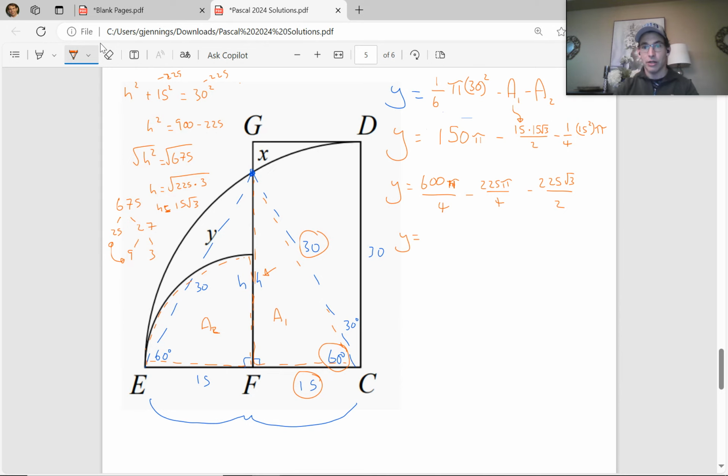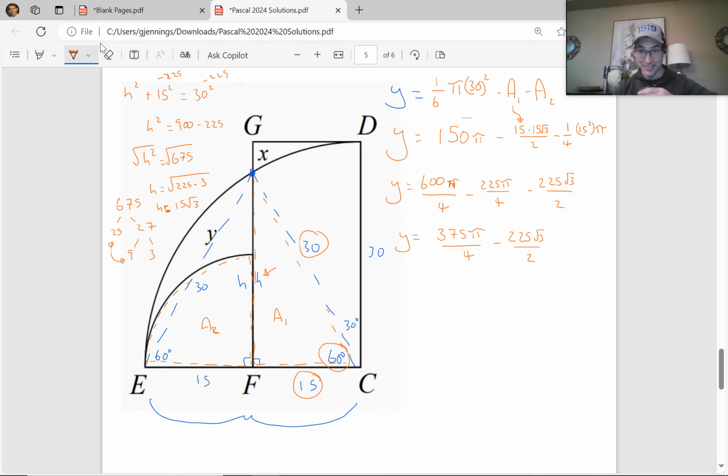y is equal to, in the final analysis, 375 pi on 4 minus, do you want to put that all on 4? You can. I would probably just keep it this way for now. 225 root 3 on 2. It's highly irrational. We're mixing up the square root of 3 and pi.